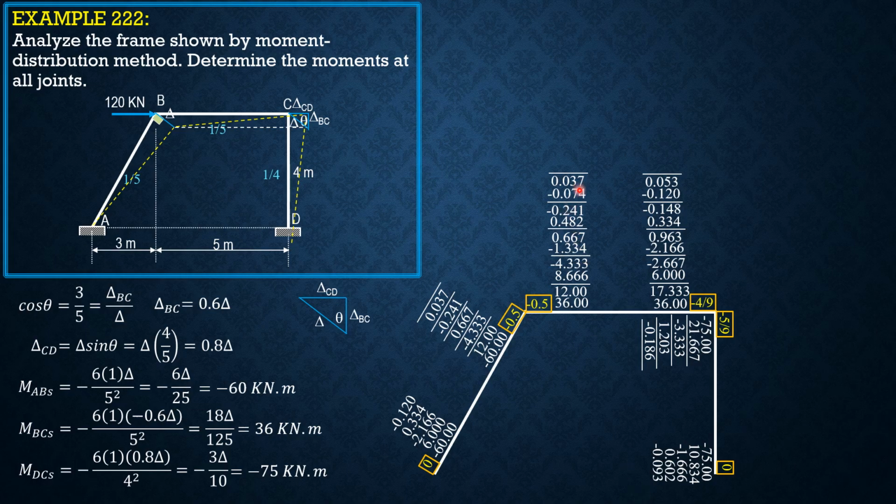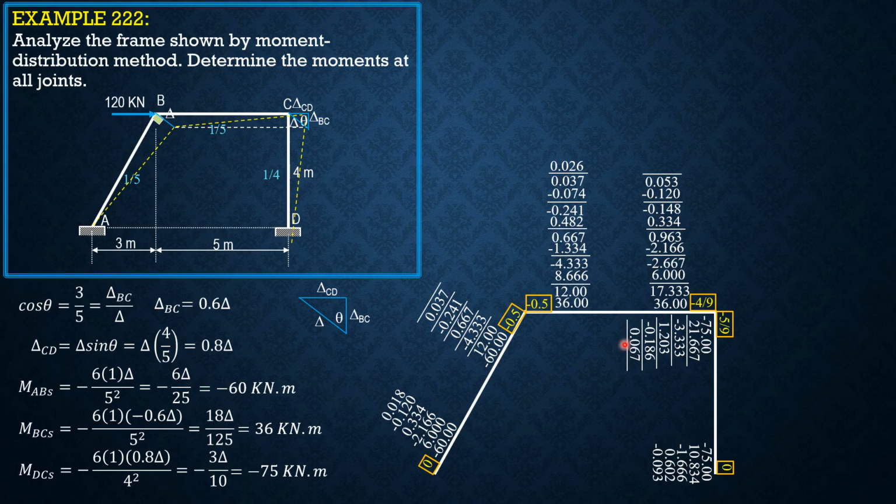So 0.026 times negative 0.5, negative 0.013 lakh. Then final lakh. That's very small already. Negative 0.013 lakh partial final lakh. 0.018 times negative 4 over 9, negative 0.008 lakh final lakh.